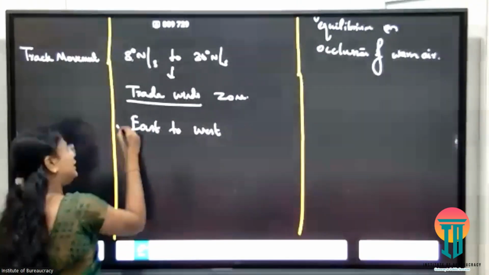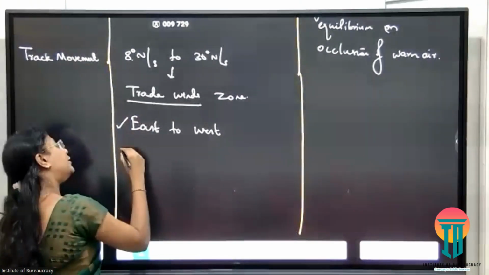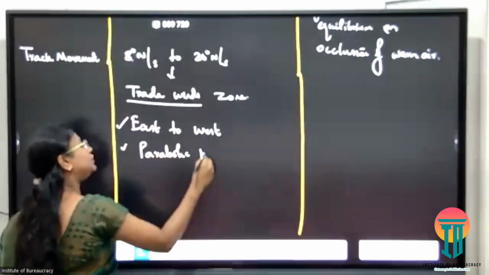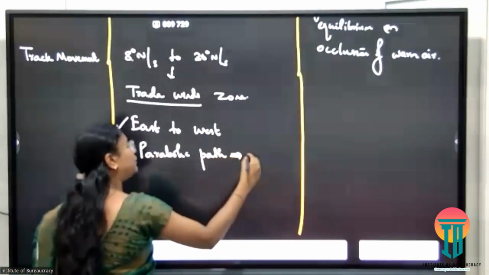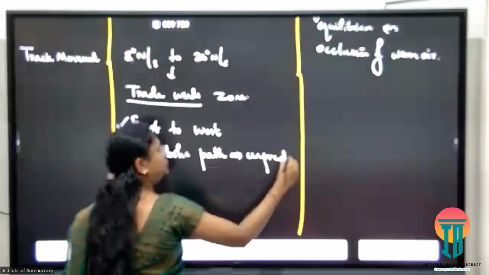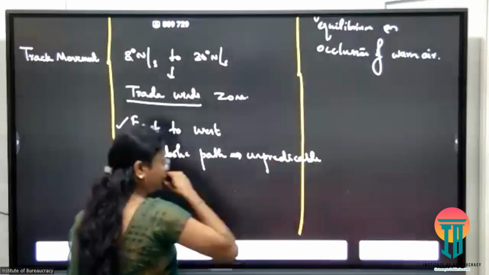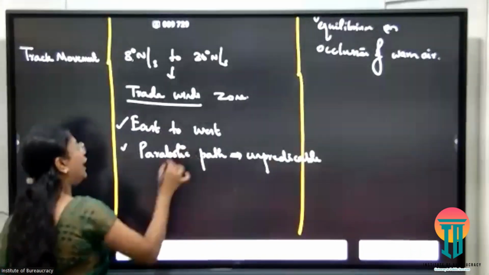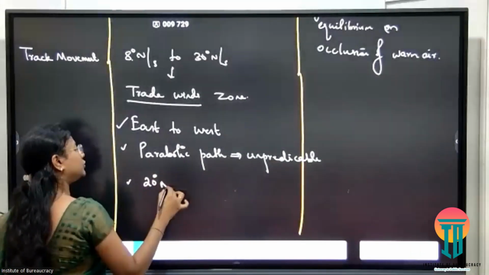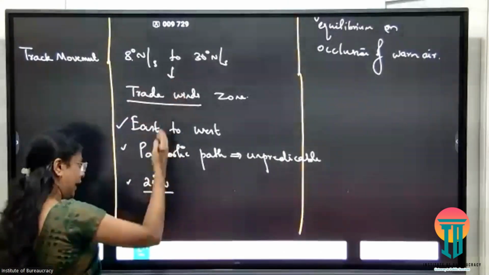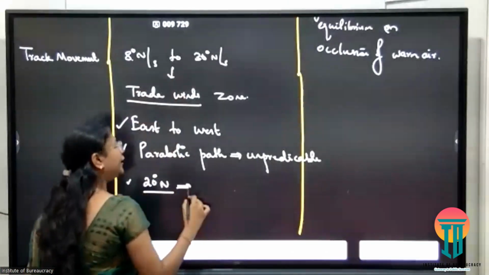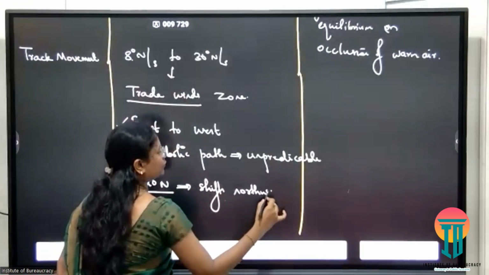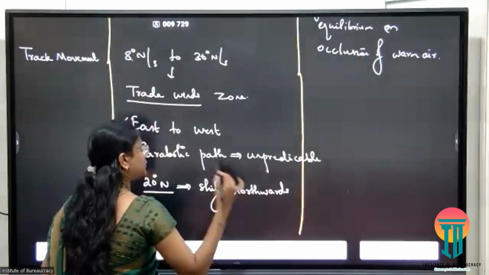So the direction is generally from east to west, but in most cases it will have a parabolic path. The path of the cyclone is so much unpredictable because it takes a parabolic path, and after crossing 20 degree north latitudes, beyond 20 degree north, it shifts northwards.